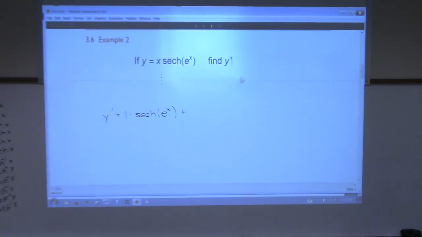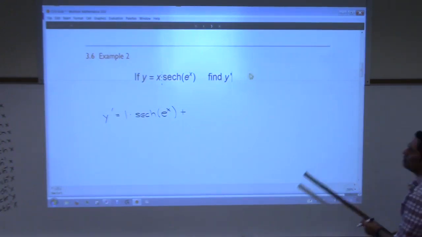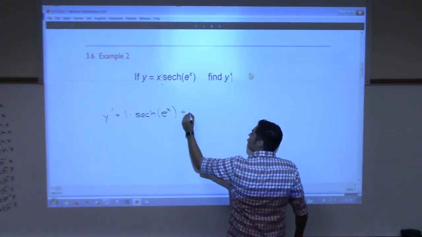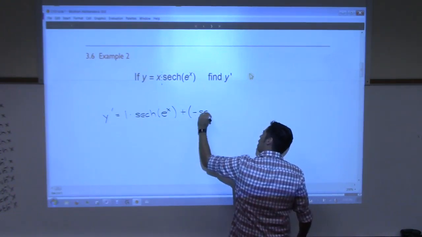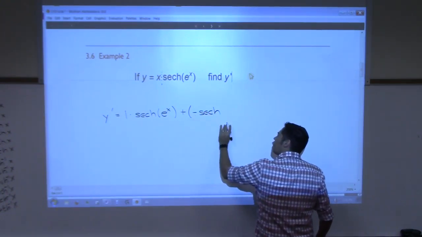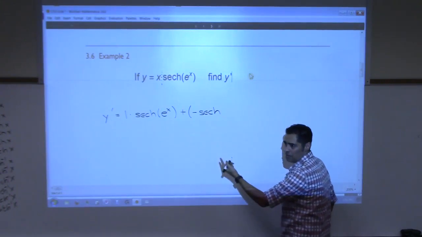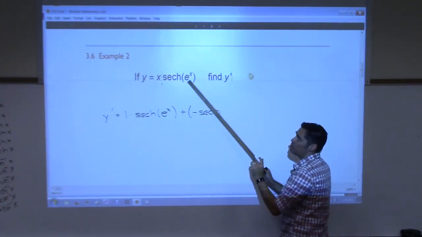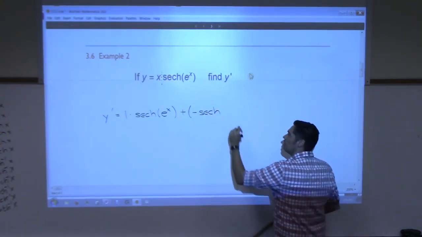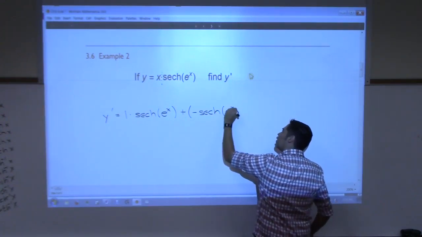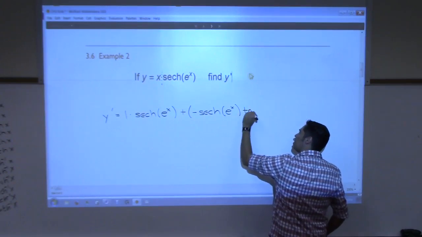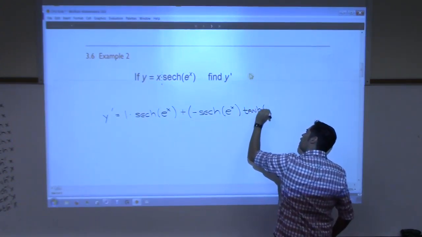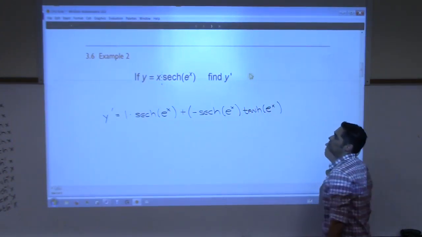So the derivative here should be minus, I'll put it in parentheses, minus secant hyperbolic of e to the x, not x, right? Because the argument of this function is not x, it's e to the x. So secant hyperbolic e to the x, then times tangent hyperbolic of e to the x again.